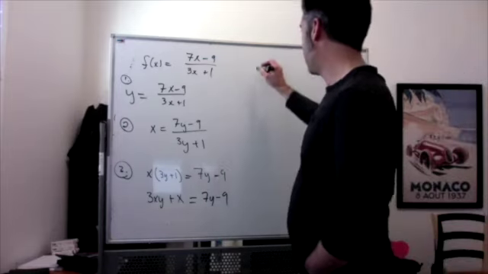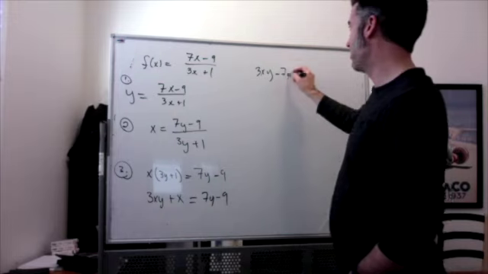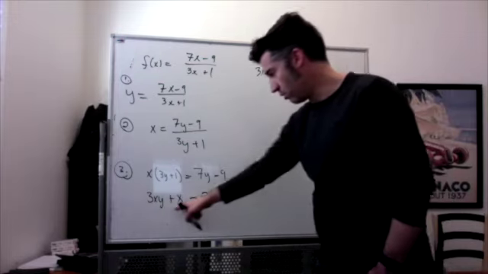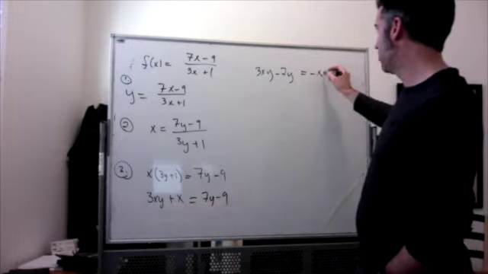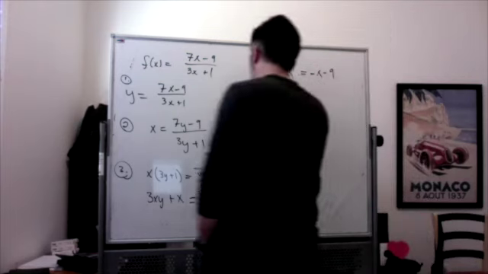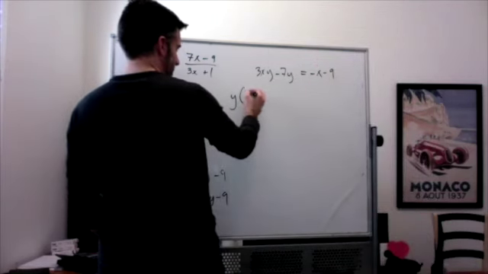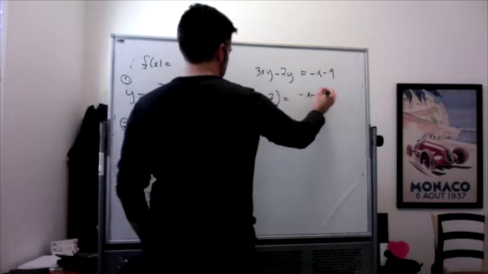So I'm going to have 3xy minus 7y equal to, bringing the x to the right, negative x minus 9. Then we factor out a y from the left-hand side. So you get y times (3x minus 7) equals negative x minus 9.